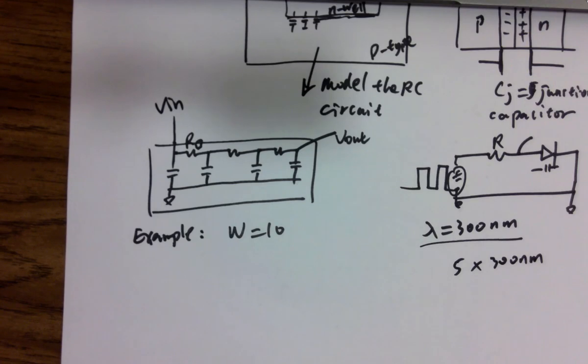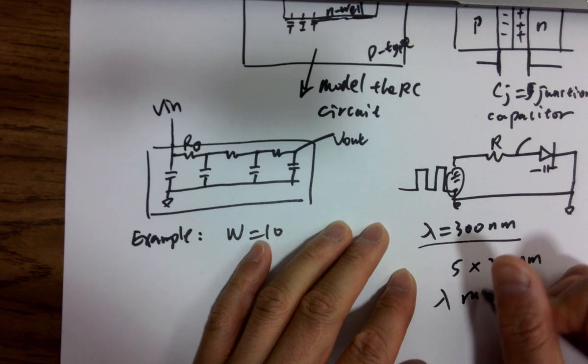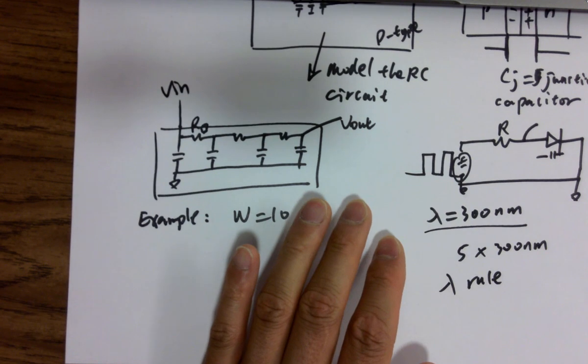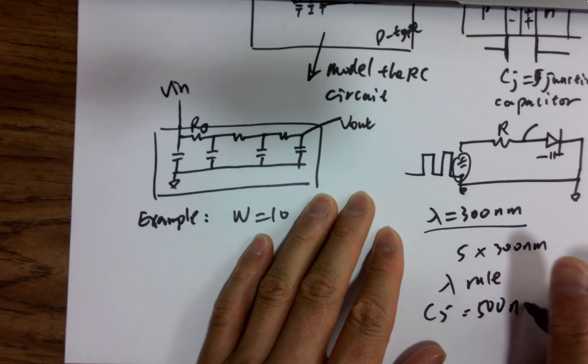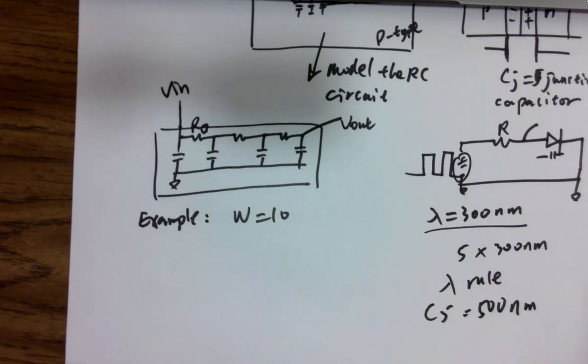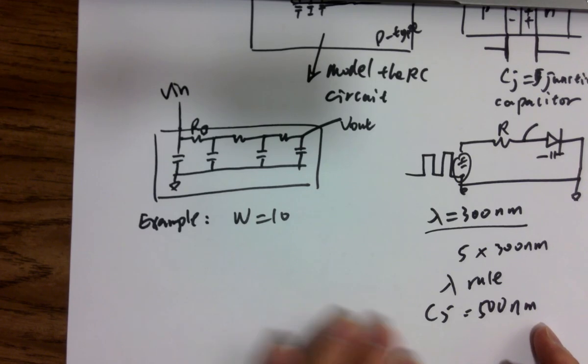Why do we use 300 nanometers as a lambda? It's called the lambda rule. Because C5, 5 means 500 nanometers. And the smallest transistor or smallest feature you can make in this process will be 500 nanometers, no matter what, in theory.